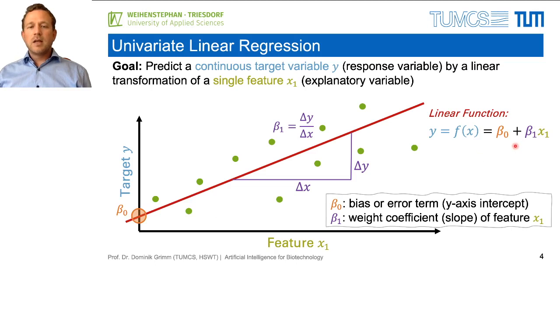Beta 1 is nothing else than the slope of our linear function. You might remember that the slope is the delta of y divided by the delta of x. In a statistical or regression model, that is called the weight coefficient. So we have a bias and a weight coefficient, and that defines our linear function.